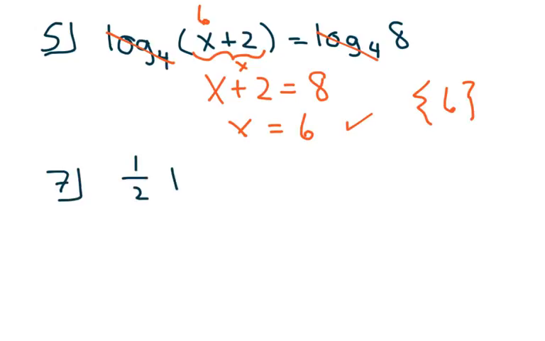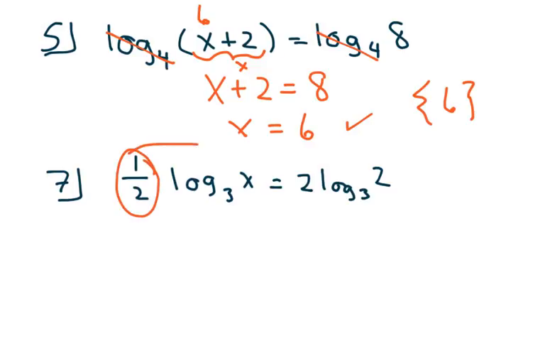Okay. Number 7, we have 1/2 log base 3 of x equals 2 times log base 3 of 2. Now before I cancel out the logs, I'm going to use my power property and move these here. Use your power property that we did before.